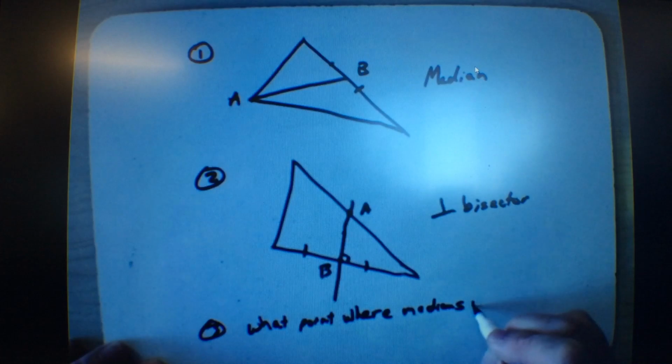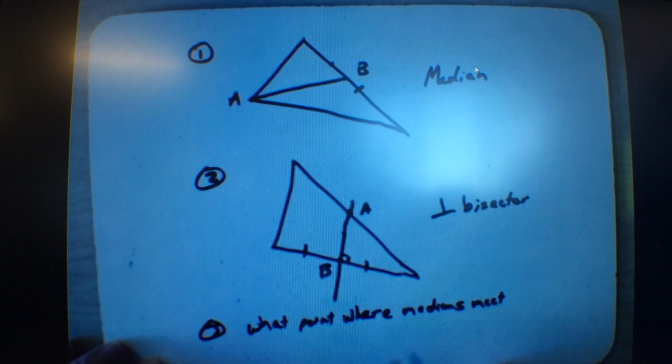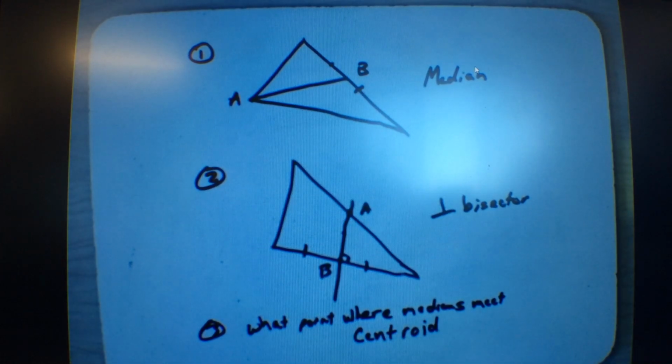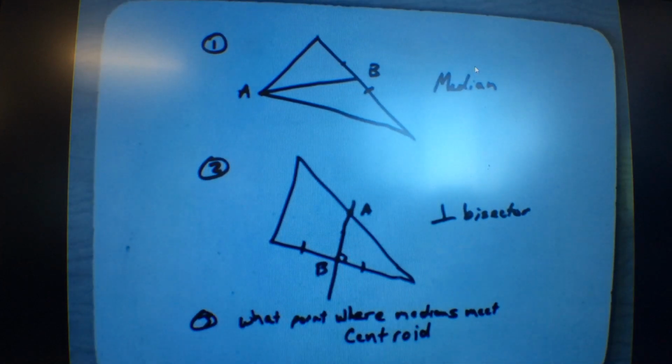What do you call it? Centroid. And you have to know how to spell it, centroid. Okay, so that might happen tomorrow or the next day, okay? So be prepared for it. Do you understand what I'm talking about?